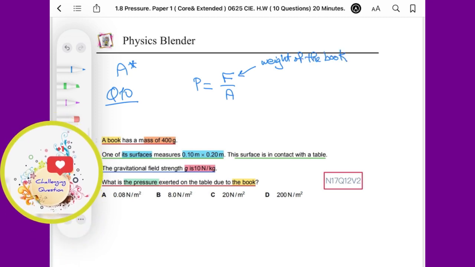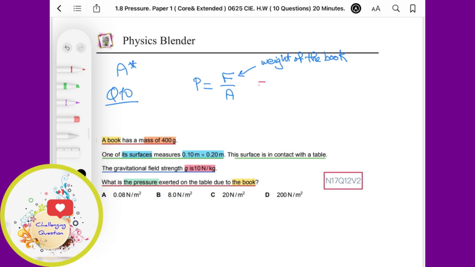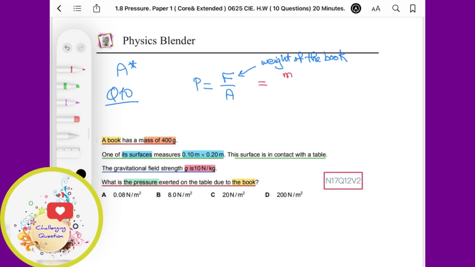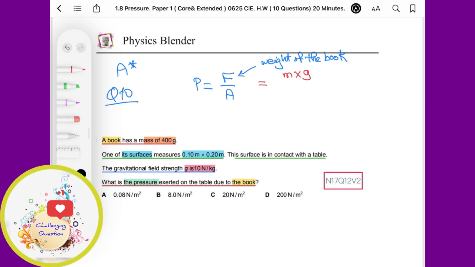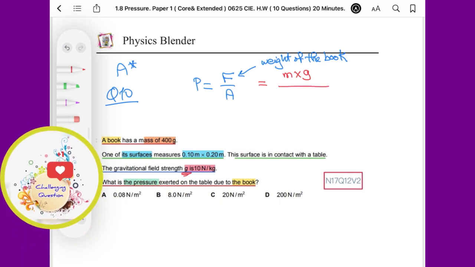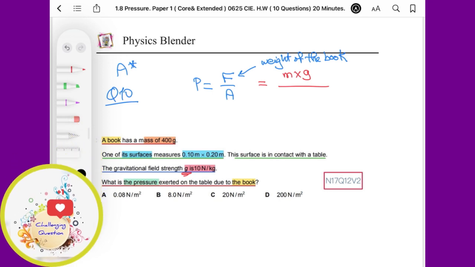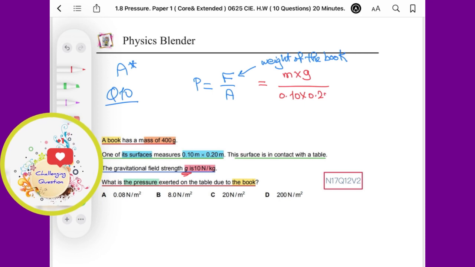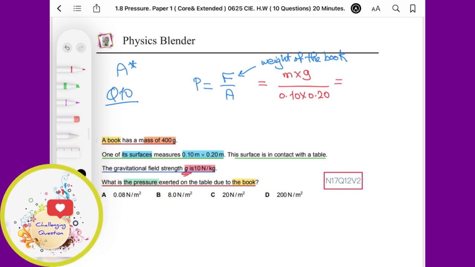So you have to calculate here the weight of the book, which is mass times g, and it's given here. And the area of base or the contact area is 0.10 times 0.20. Okay, let's substitute.